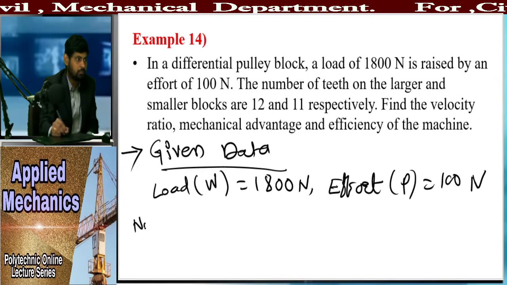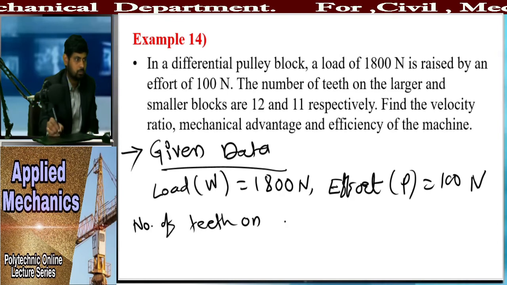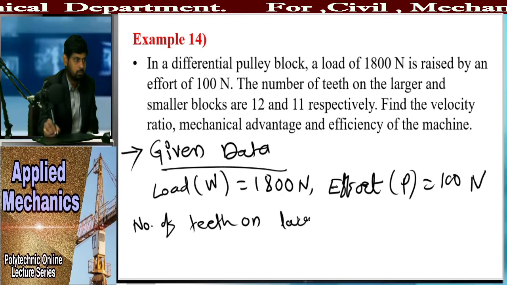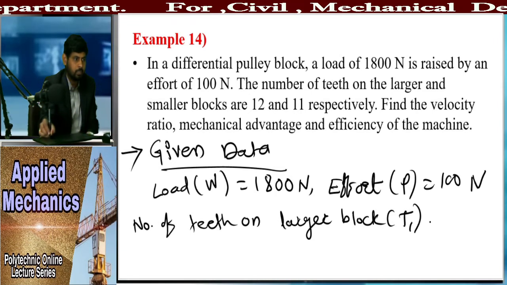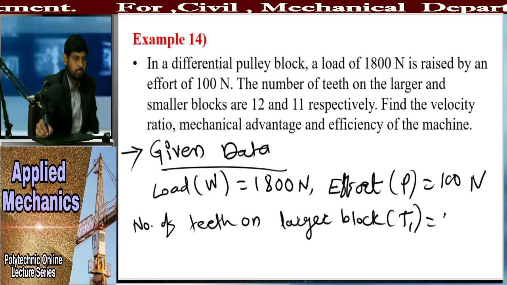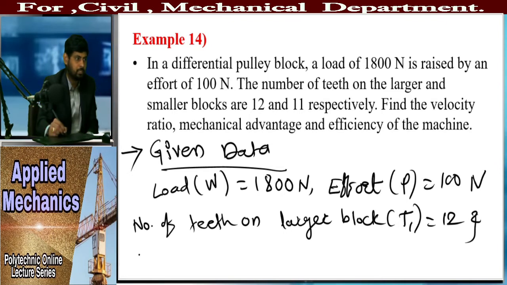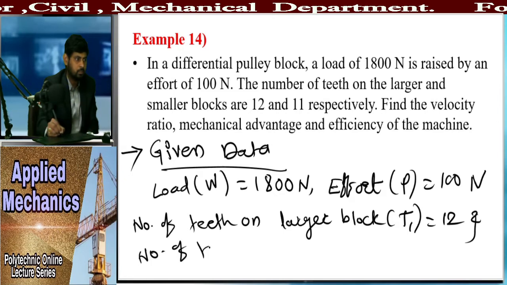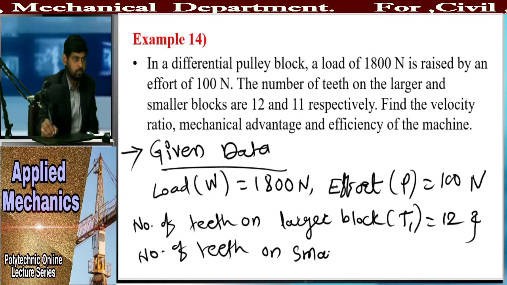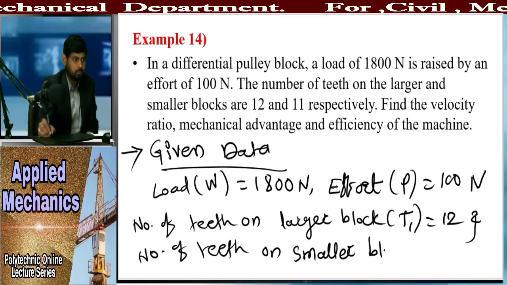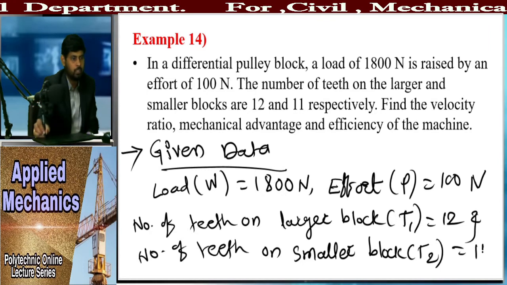The number of teeth on the larger block, T1, is equal to 12. And the number of teeth on the smaller block, T2, is equal to 11.